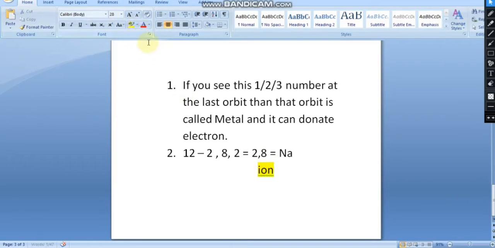Now we will know about anions perfectly. Now there is another formula for finding anions.